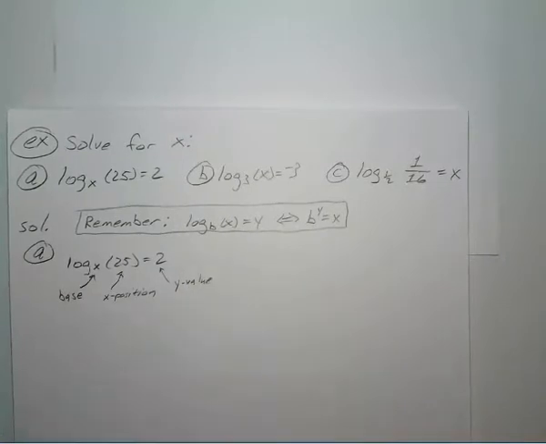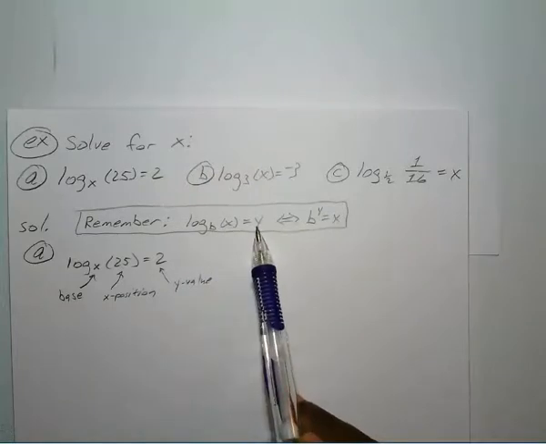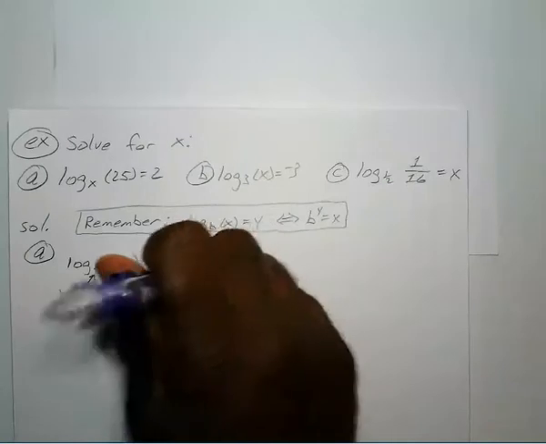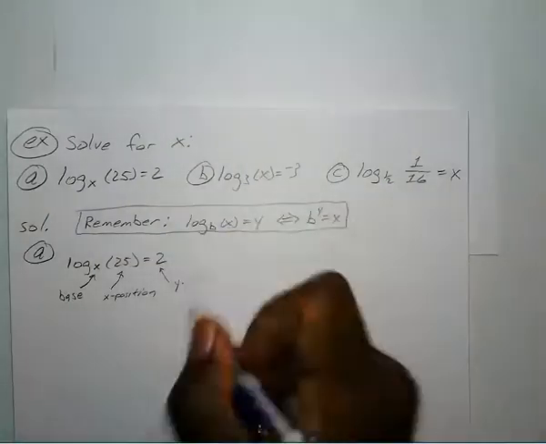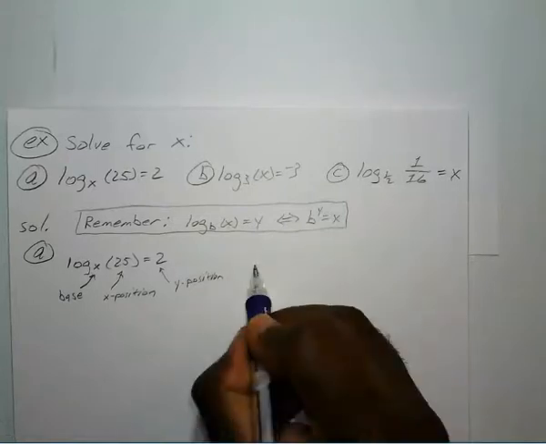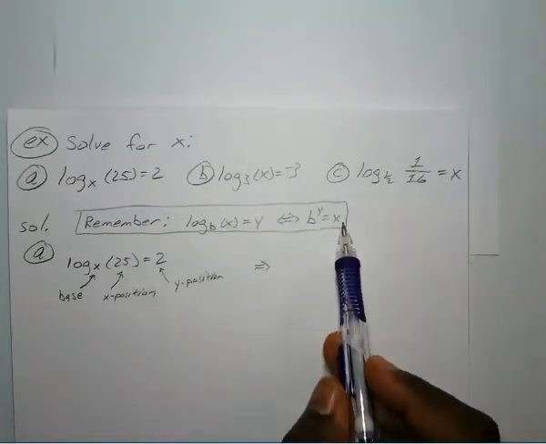Okay, you see here, that's your y value. So you have your base, your x position, and your y value. Here, well, we may as well change that to y position. That's a little more accurate. We go ahead and we just convert that to our b to the power of y equals x.